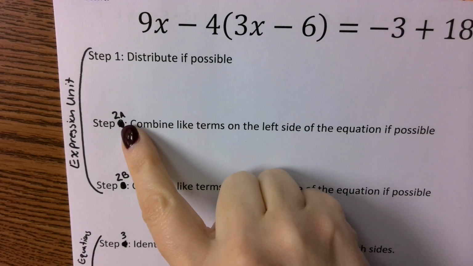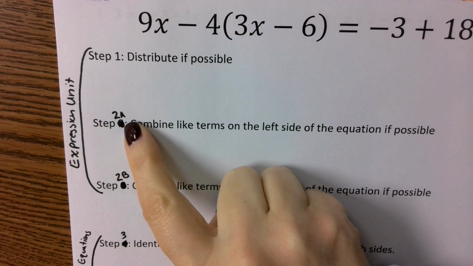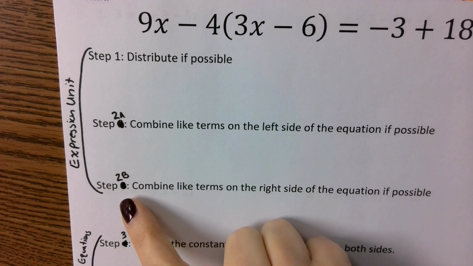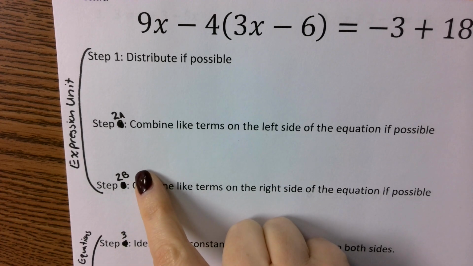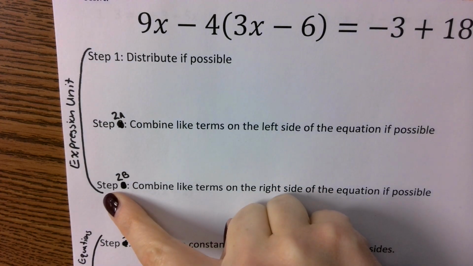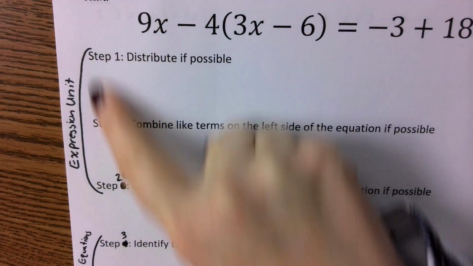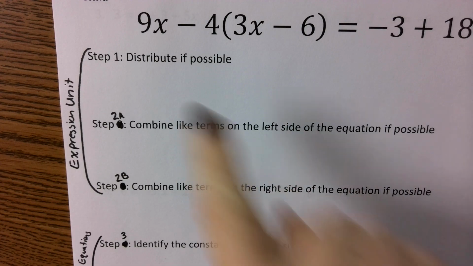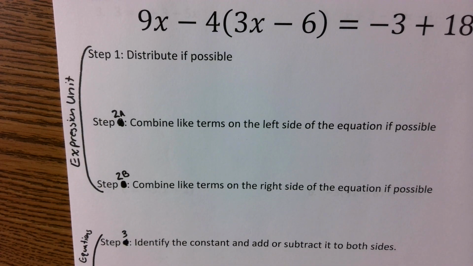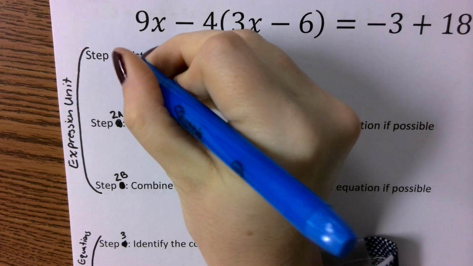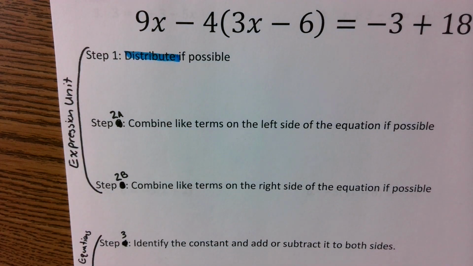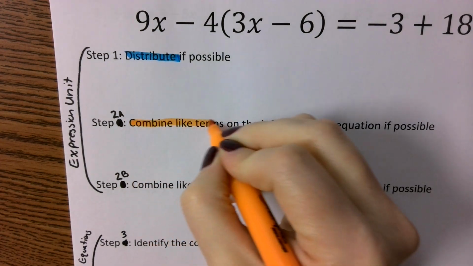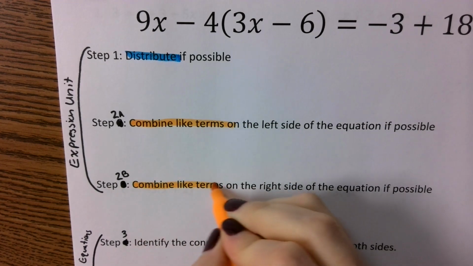Okay, so that's what we're here. Step 1, step 2A, so we're replacing 2 with 2A, and then step 2B. These 3 steps are all what we did in our expressions unit. Distribute, combine like terms, and that's what you're seeing right here. You see it say distribute, and then same thing down here. 2A says to combine like terms. 2B says to combine like terms.